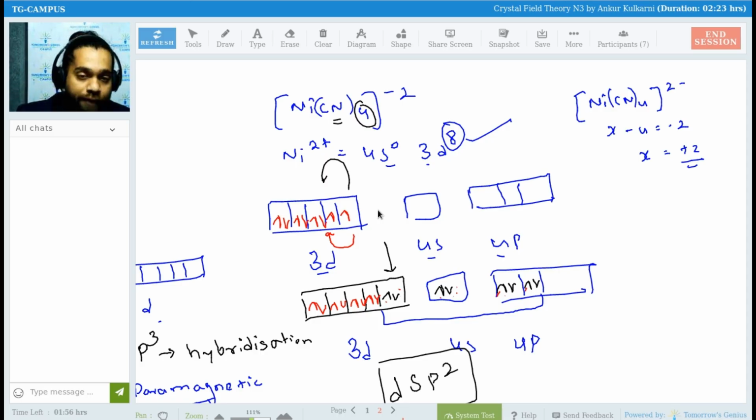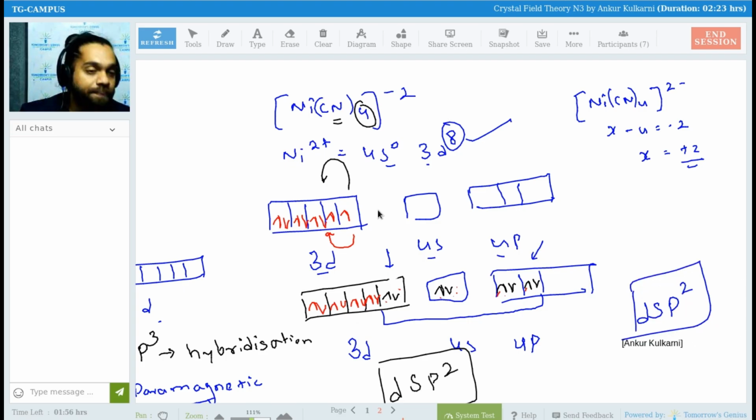And what we have used? We have used 1d orbital, that is over here. 1s orbital, that is over here. And 2p orbital, that is over here. So dsp2 hybridization. Is it clear? Yes?